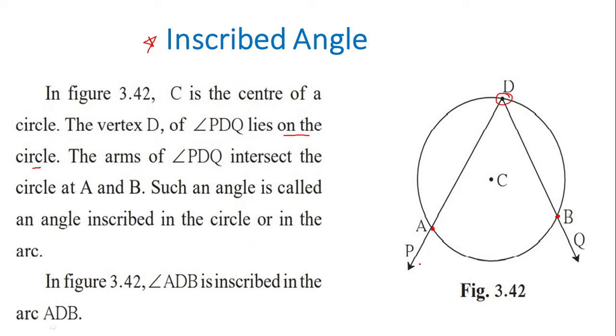So angle PQD is firstly an inscribed angle, and it is inscribed in the circle, or you can say angle PQD is inscribed in the arc AB. Here angle ADB is inscribed in the arc ADB. So that's it. What is an inscribed angle? Its vertex is supposed to be lying on the circle.